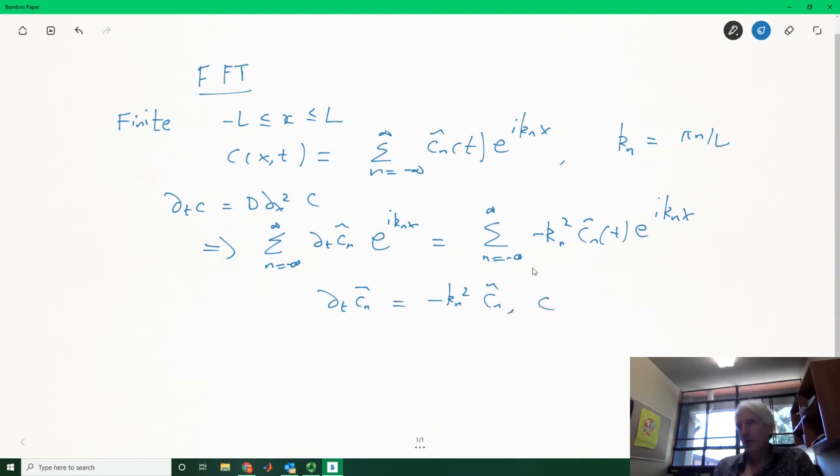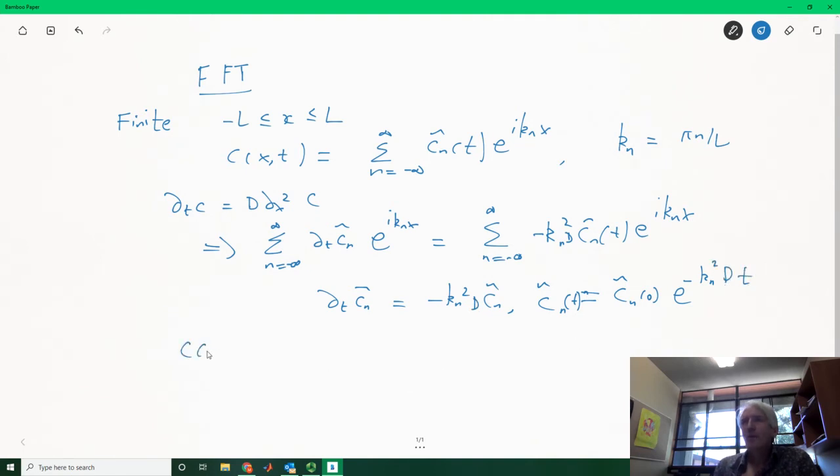You go from the orthogonality of this Fourier series, so we get c_n hat is equal to c_n hat at naught, and this is a function of time, e to the minus k_n squared. So I've forgotten my d here, haven't I? Given to minus k_n squared D t.